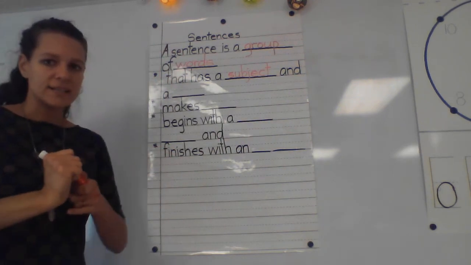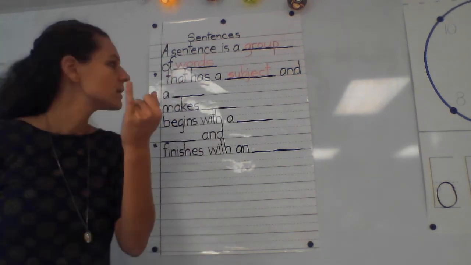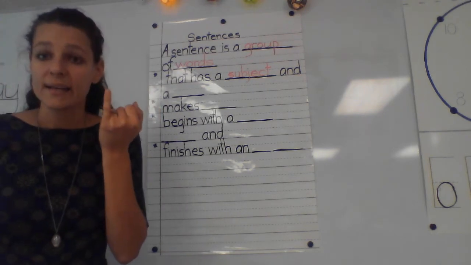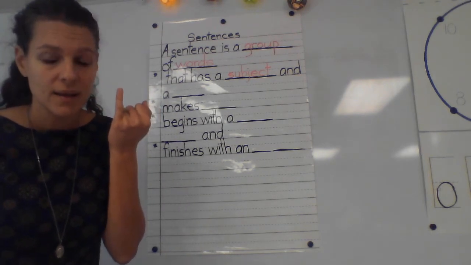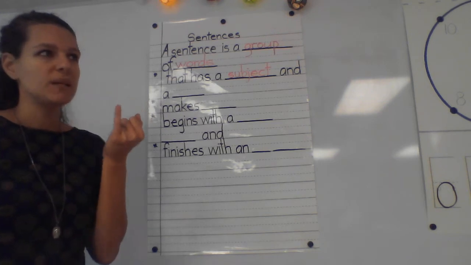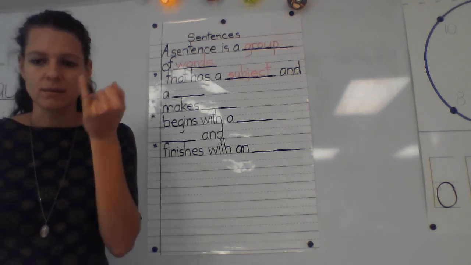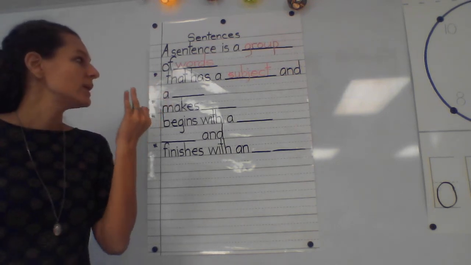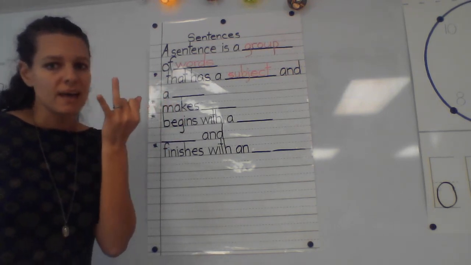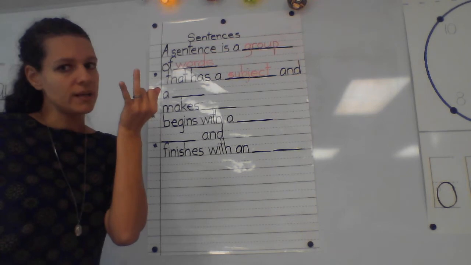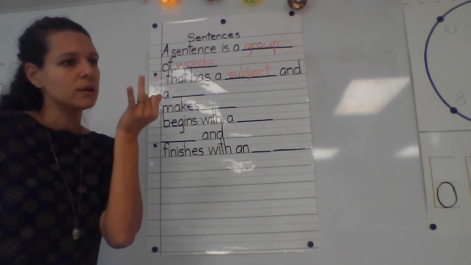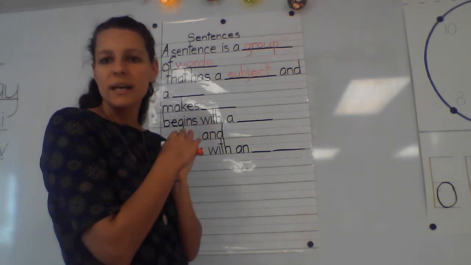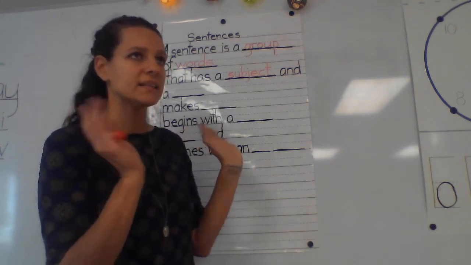All right, our sentence has a subject and it needs something to happen. What's the part of speech where something happens? It is a verb. Good. So we need a subject and a verb. And what's the fancy word in our sentence for the verb? Oh, if you said predicate, you are just right, so fancy.